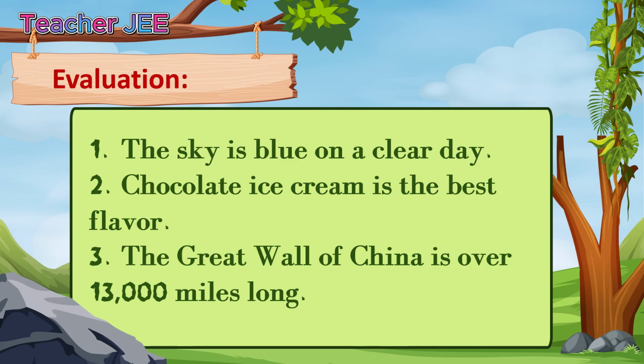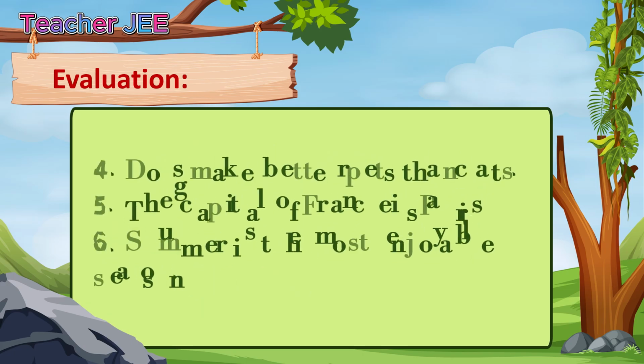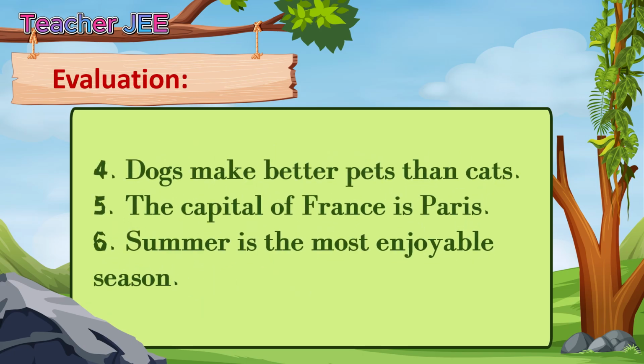If this is according to the written records about the Great Wall of China, then this is a fact. For number 4, dogs make better pets than cats. For the dog lovers, of course, they will agree that dogs make better pets than cats.